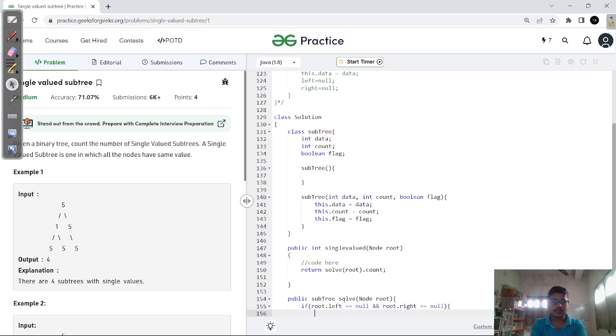In that case we will create an object called leaf node subtree.